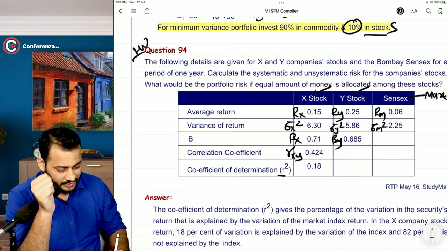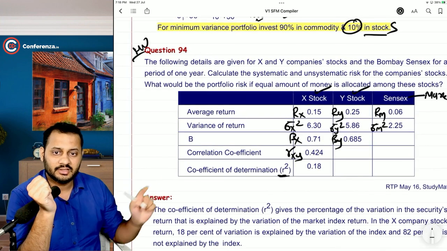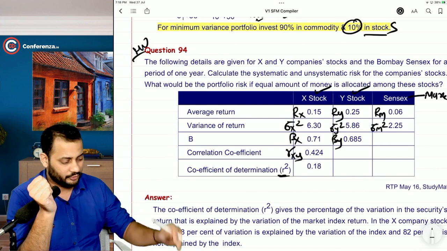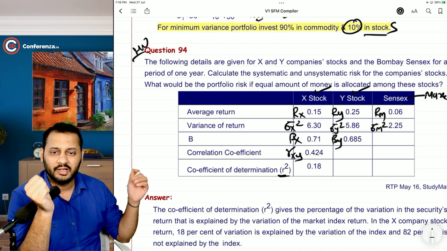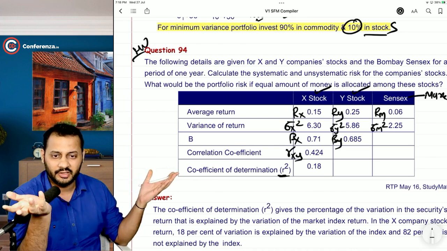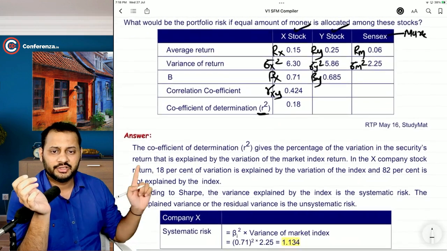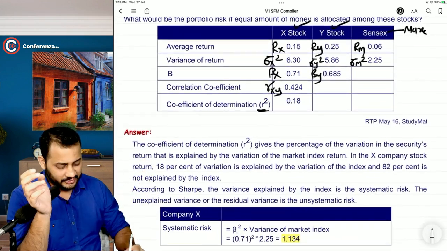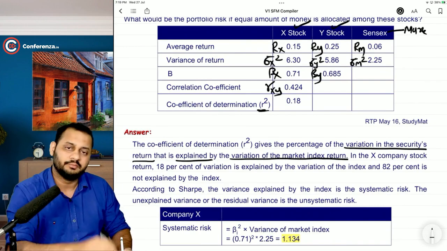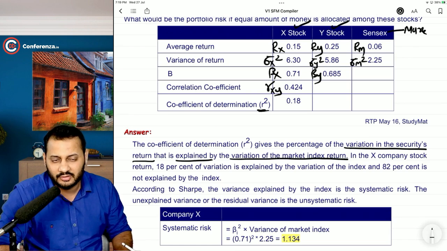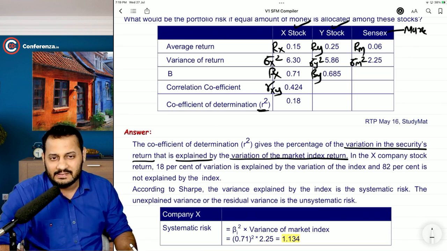Coefficient of determination R square, that is the square of this 0.424. Let me just find out. Yeah, 0.18. I don't think this will be of any use, but let's see. The coefficient of determination gives the percentage of the variation in the security's return that is explained by the variation of the market index return. That is the meaning of coefficient of determination.